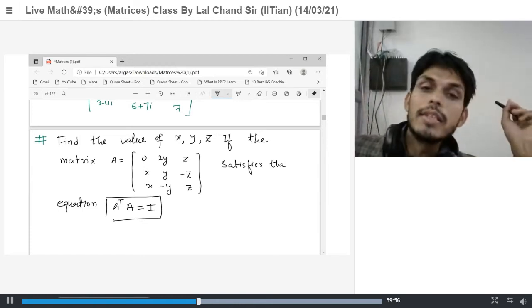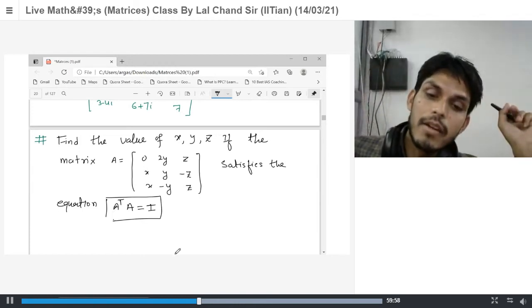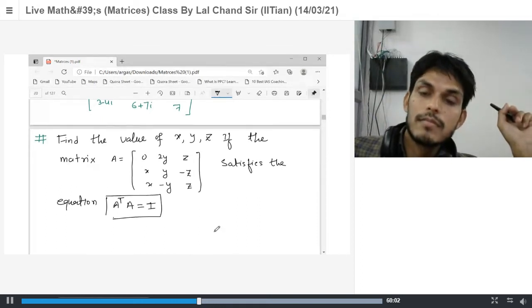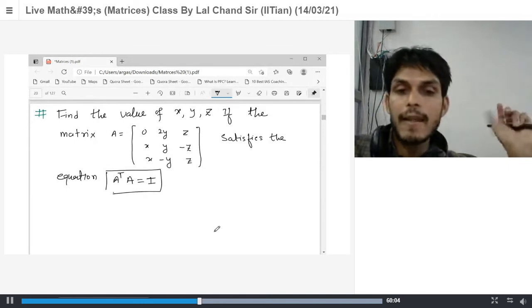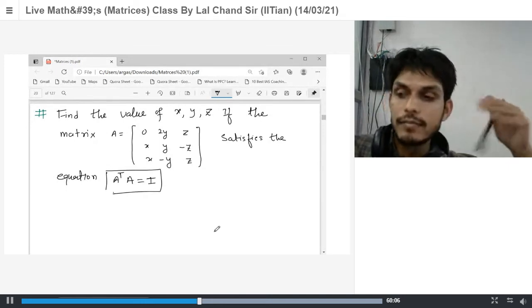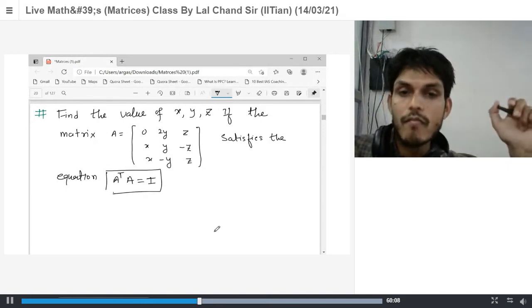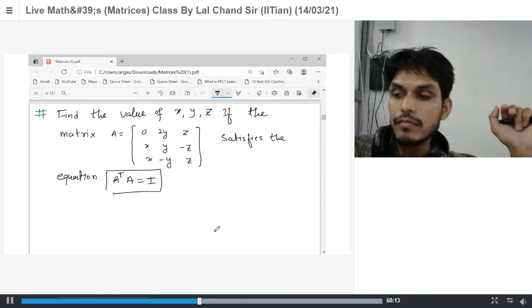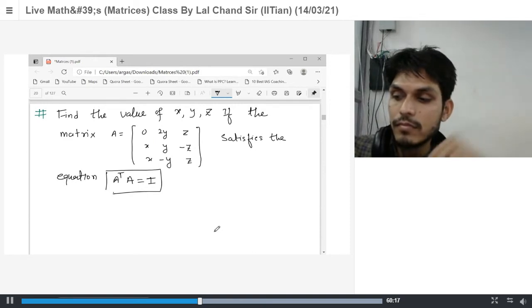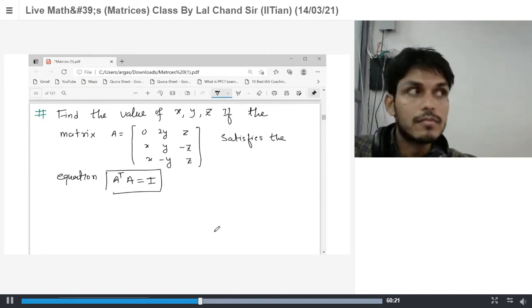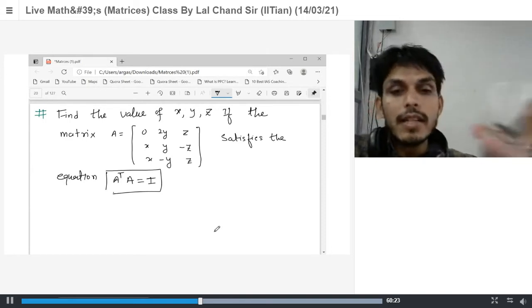Try to solve this, take your time and answer. So what is the answer of this?